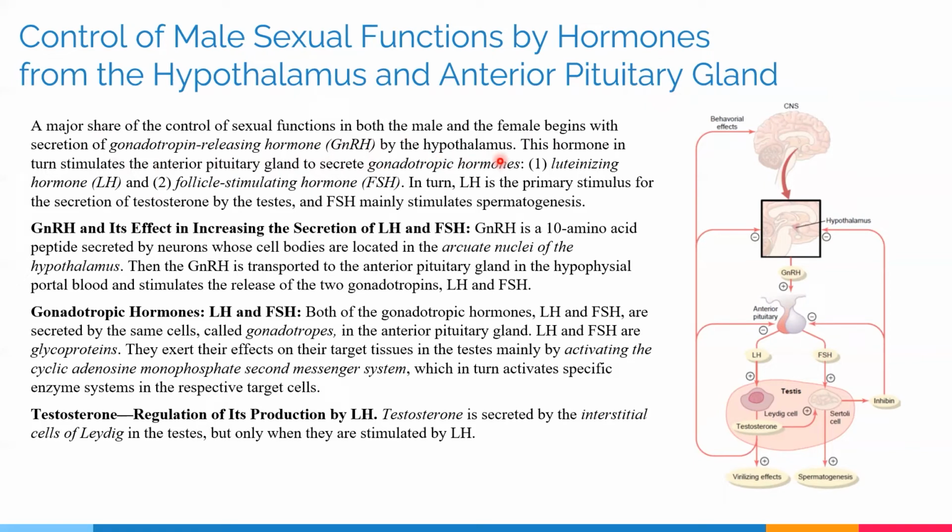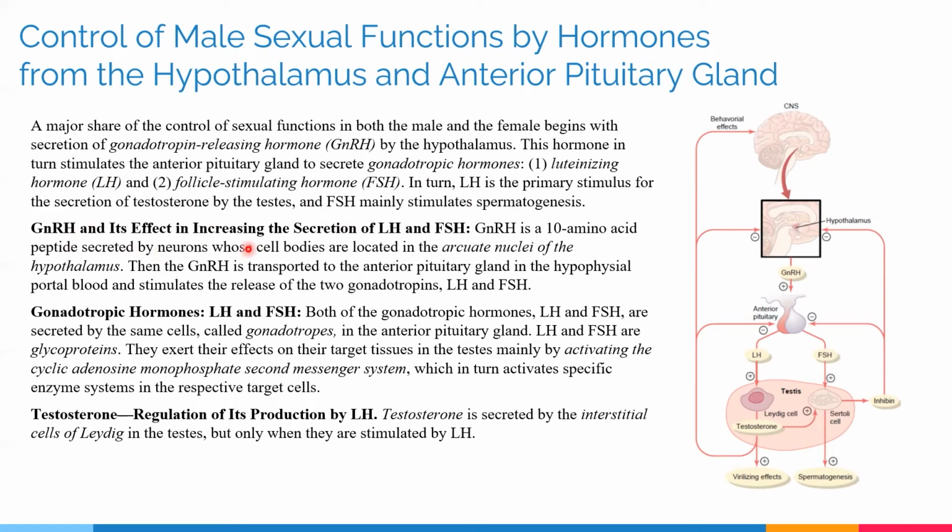This hormone in turn stimulates the anterior pituitary gland to secrete gonadotropic hormones, which include luteinizing hormone and follicle stimulating hormone. In turn, LH is the primary stimulus for secretion of testosterone by the testes, and FSH mainly stimulates spermatogenesis.